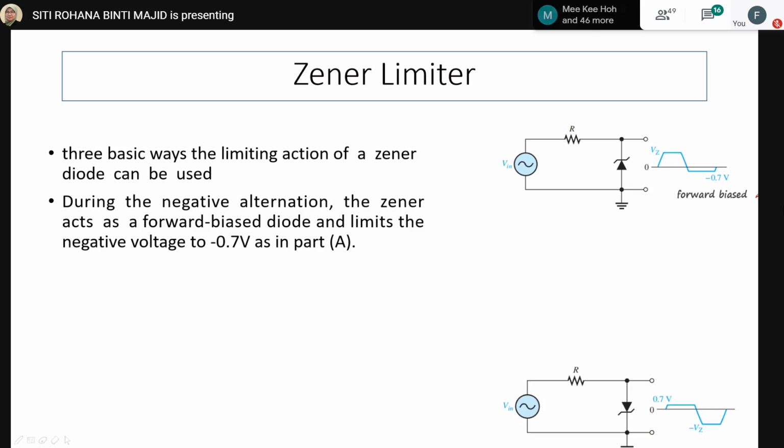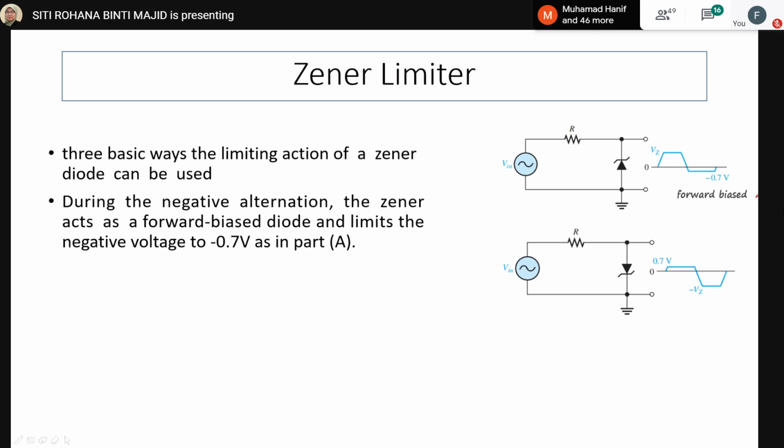The second part is when we change the direction. What happens if we change the direction of a diode? Depending on the orientation of the diode, the positive or negative region of the input will be clipped off.